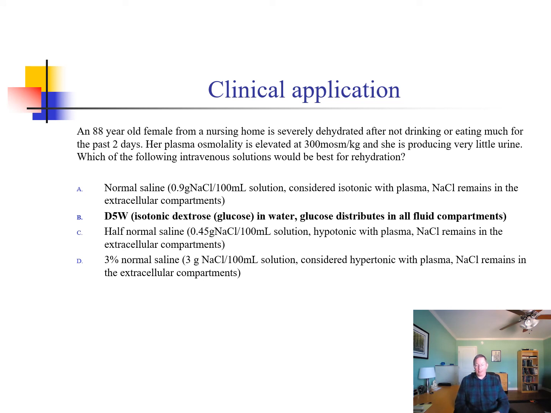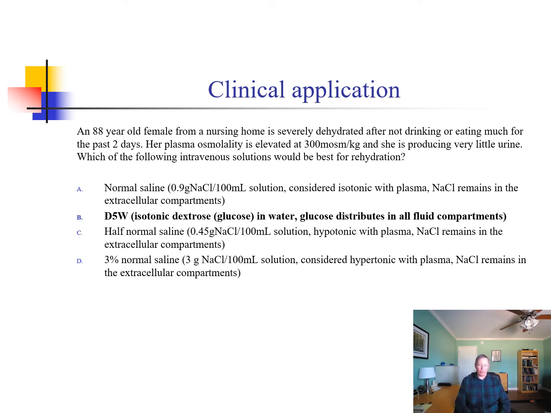So in this case, I could convince myself that half normal saline could be equivalent of normal saline, which is going to stay in the extracellular compartment, and deionized water, which will distribute between all of the compartments. So if I look at that, I'd have 500 milliliters of normal saline plus 500 milliliters of water.